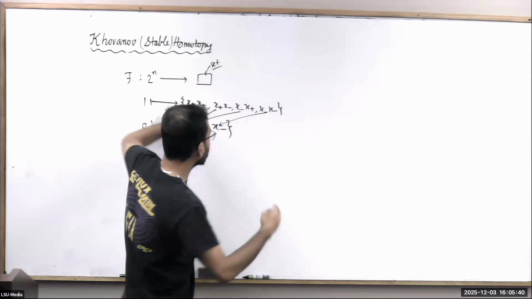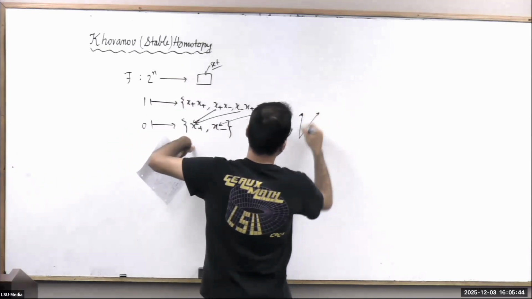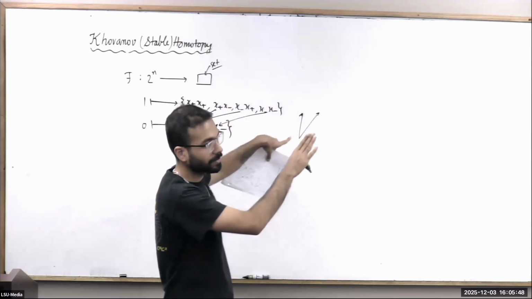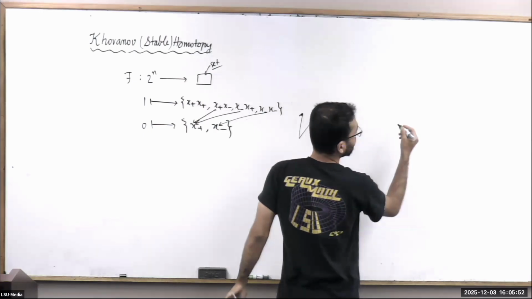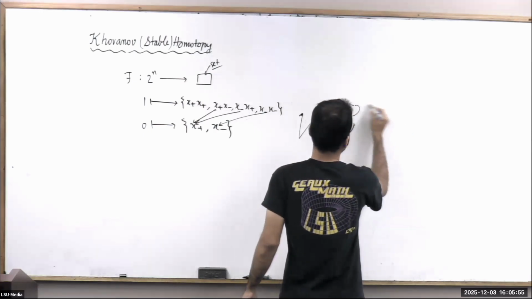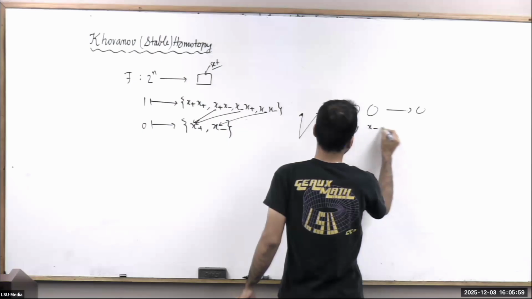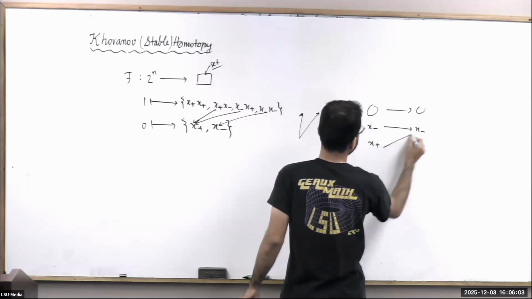And in some cases, the dual picture might happen. One morphism that has one source can go to multiple targets. For example, for this guy, we can have x plus x minus going to x minus, and x minus x plus going to x minus.